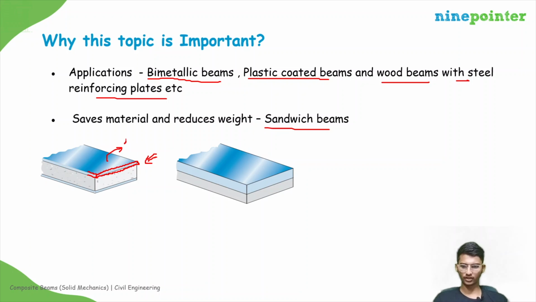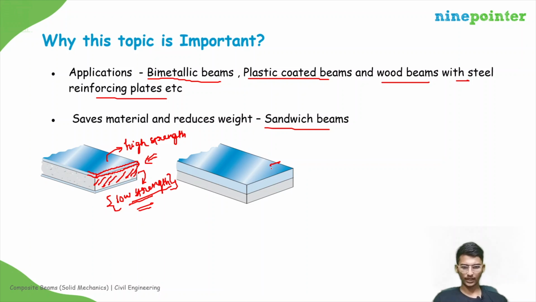This will be of high strength. In the middle portion, it will be made up of another type of material which has low strength and lower weight. Because of this, the weight will reduce and it will save material.